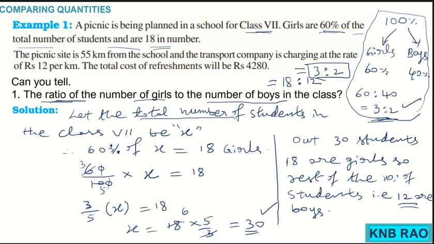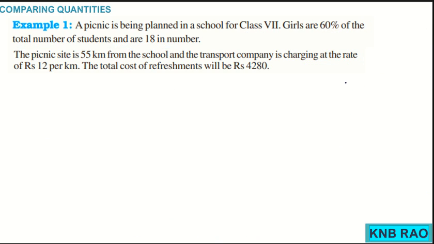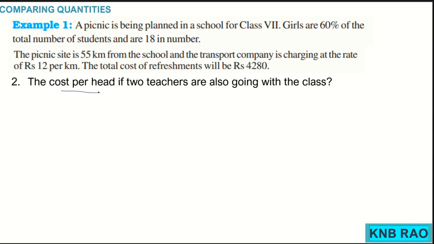Now coming to the second part of this question. There is a second sub-question: the cost per head if the two teachers are also going with the class. Now children, if you want to find the cost per head, remember 55 kilometers is a one-way journey.